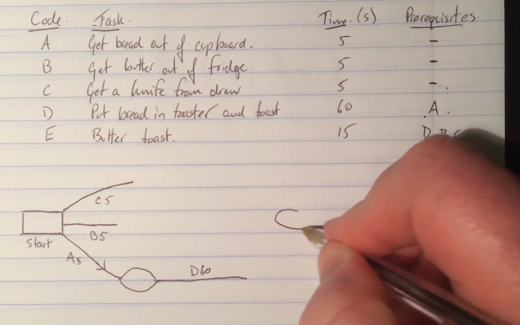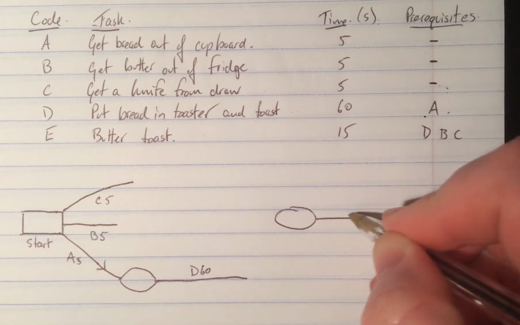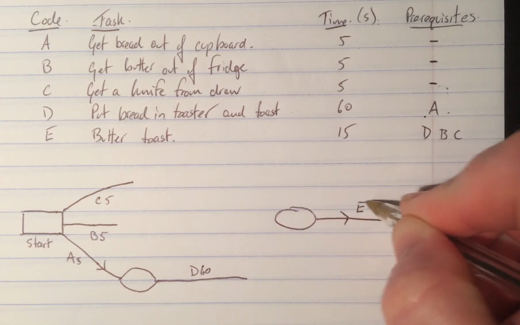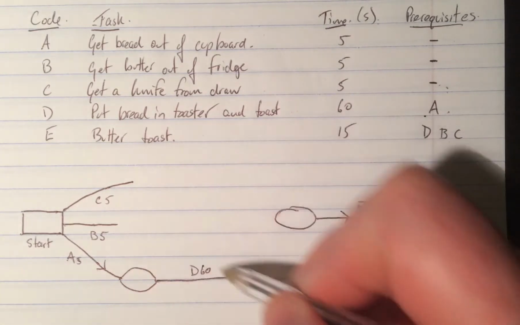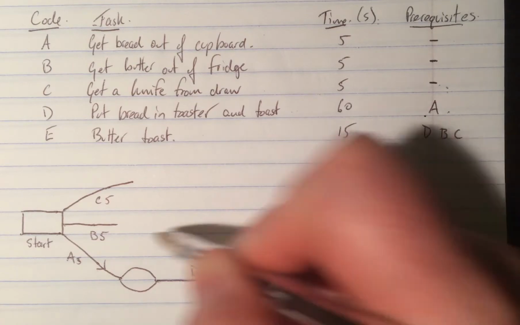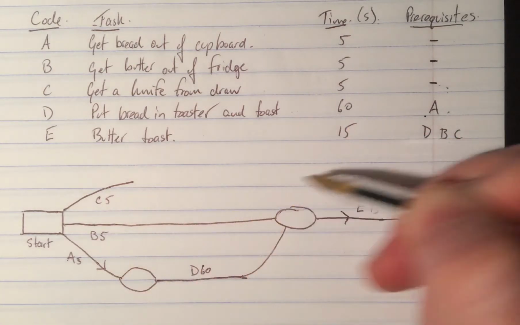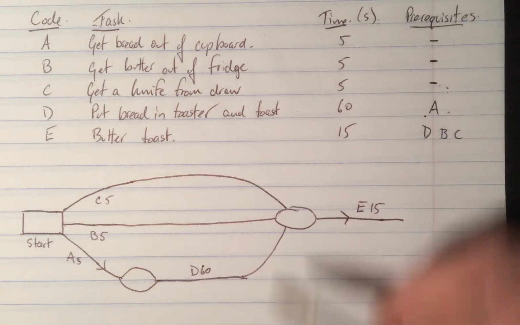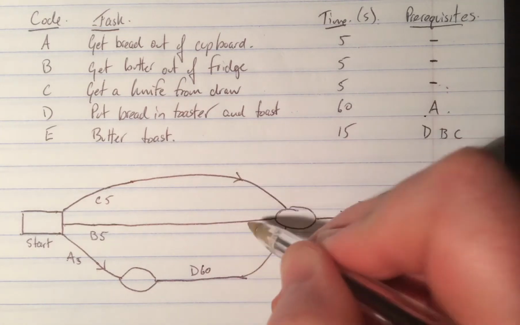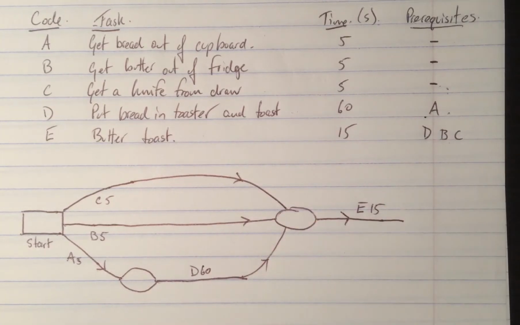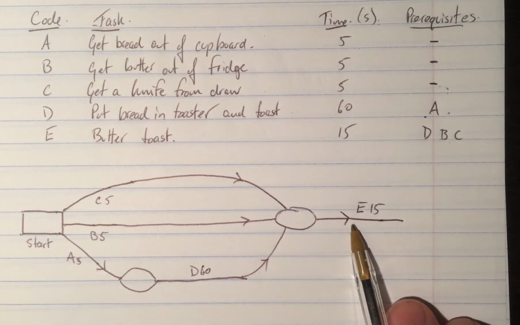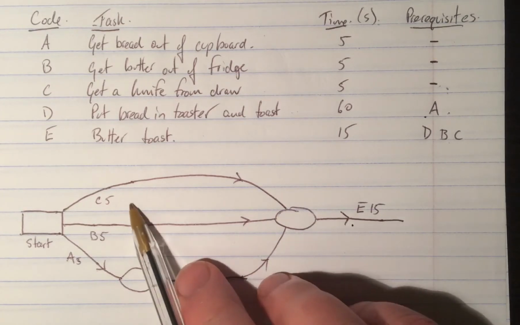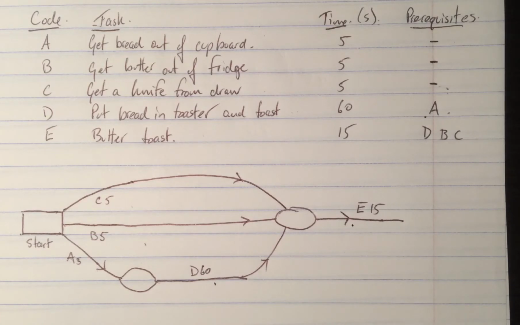If I draw that node here, and that's the node that E is going to come out of, then I need D, B, and C all to go into that node, representing the idea that E can't be started until D, B, and C have been completed.